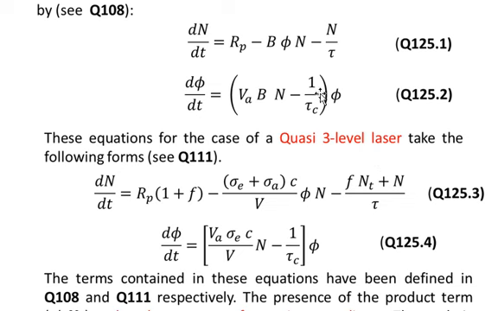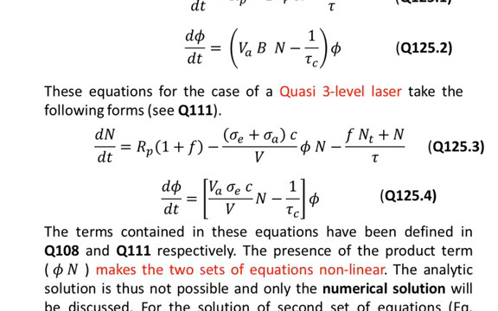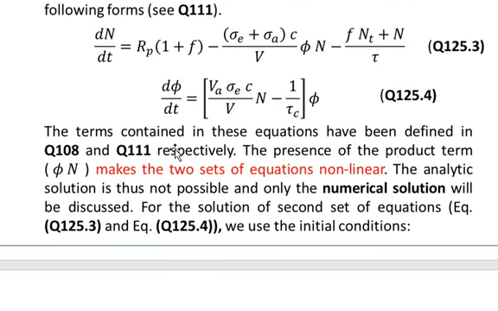For the details of these two sets of equations, you can consult slide number 108 and slide number 111. The terms contained in these equations have been defined in slide number 108 and slide number 111 respectively.